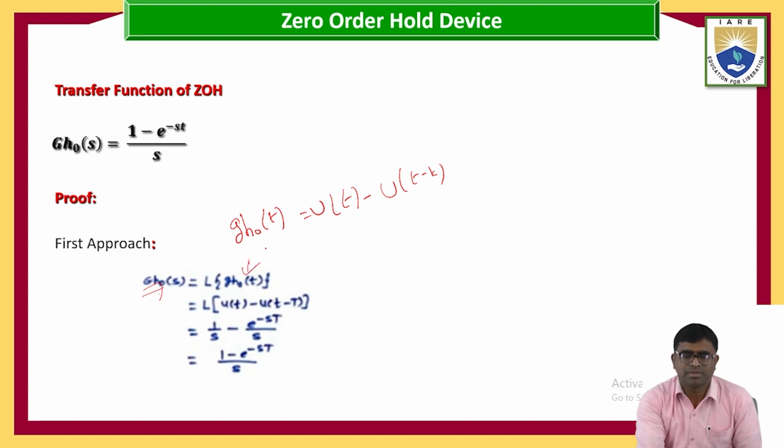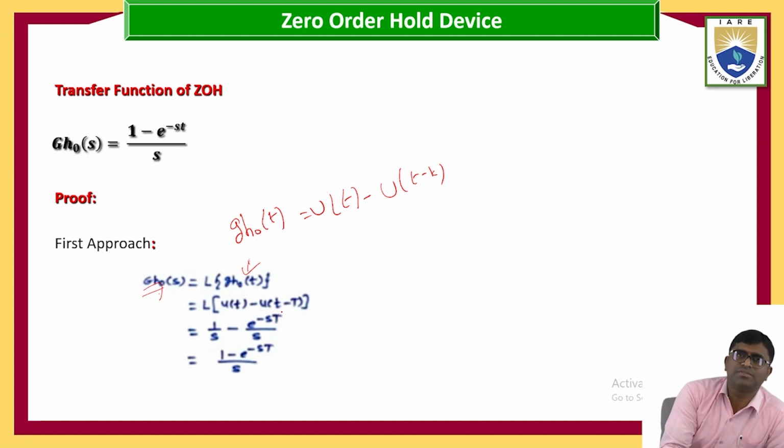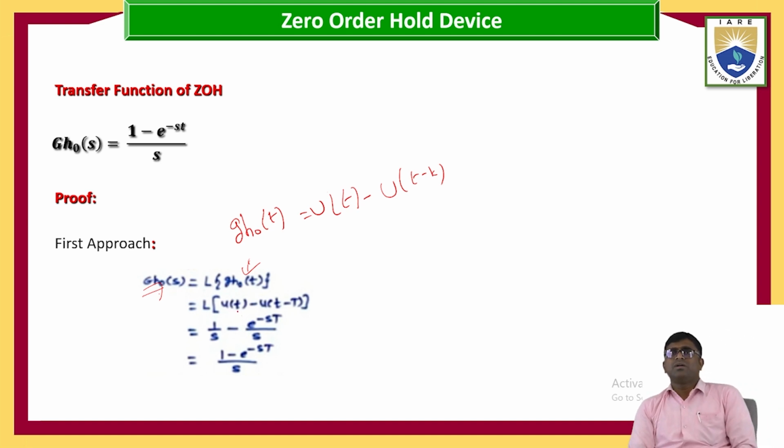So what happens? The Laplace transform of u of t is 1 by s. Now what is the Laplace transform of u of t minus T? That is the delayed signal, which equals e power of minus sT by s.